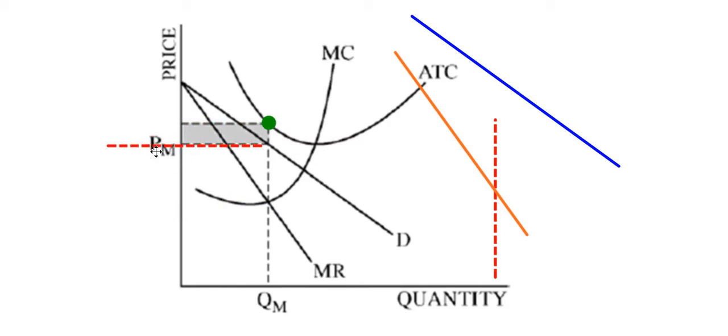So we're here, and what that means is that as we produce more from this point, our cost is still going down. If your average cost is lowered as you produce more, that means that you are enjoying economies of scale. So the answer is yes, because we are at a portion of the average total cost curve that is still decreasing.